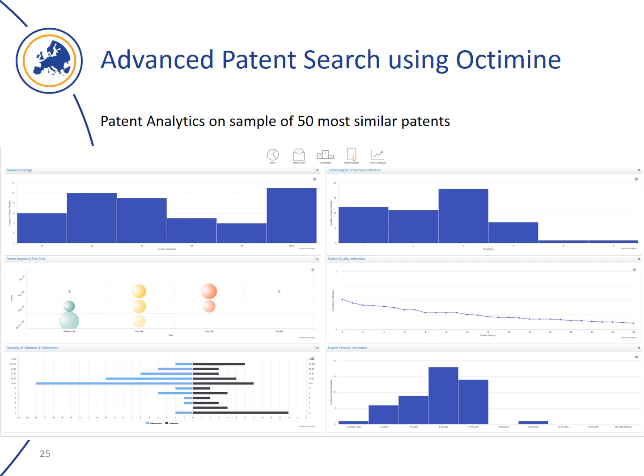So here it is only one technology field where the patent is relevant or applied, and here it's already four technology fields where this patent is relevant, and clearly the value of a patent is higher the more technology areas it influences. Here you have graphics of patent impact and risk grid. Here you have again a patent quality indication.